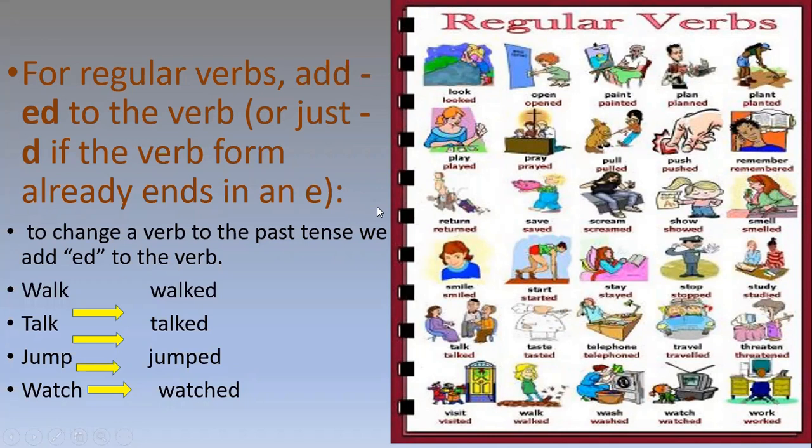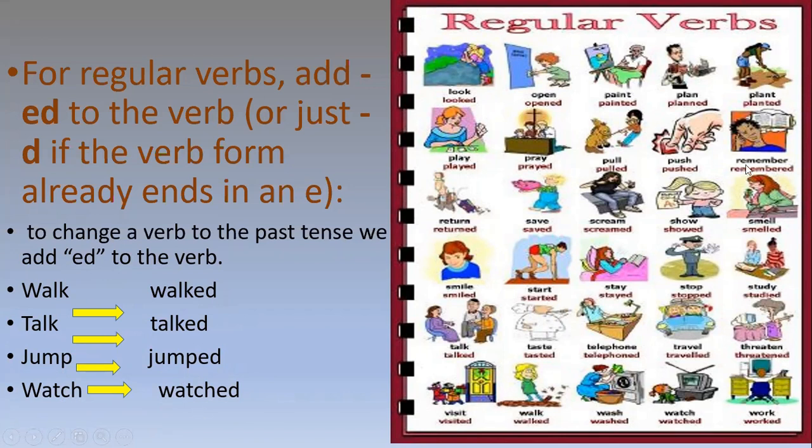So if the verb ends in e, we only add d, and if the verb doesn't end in e, we add ed to the regular verbs. For example, walk, walked, we added ed; talk, talked, we added ed; jump, jumped, we added ed; watch, watched, we added ed, because these words don't end with e.